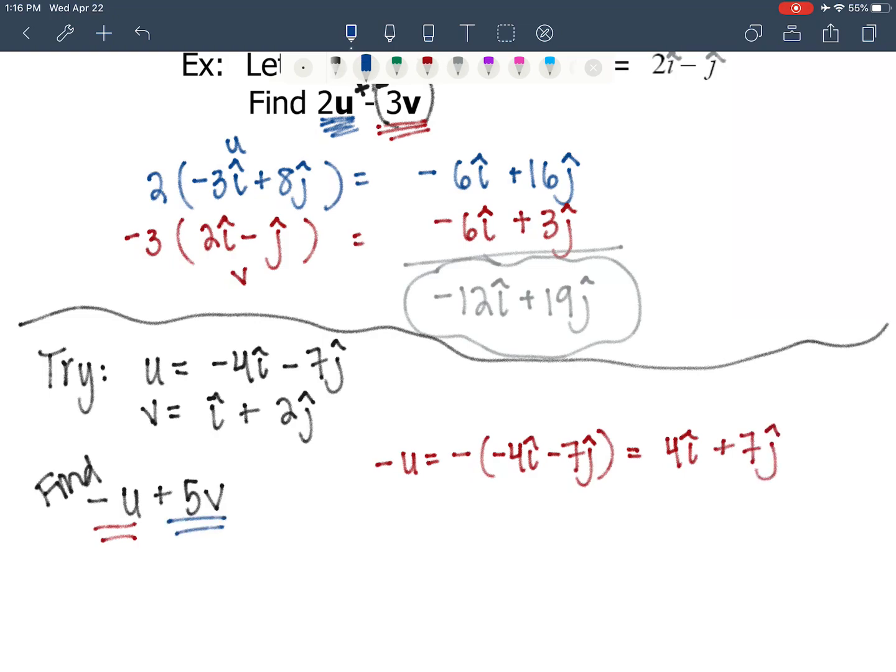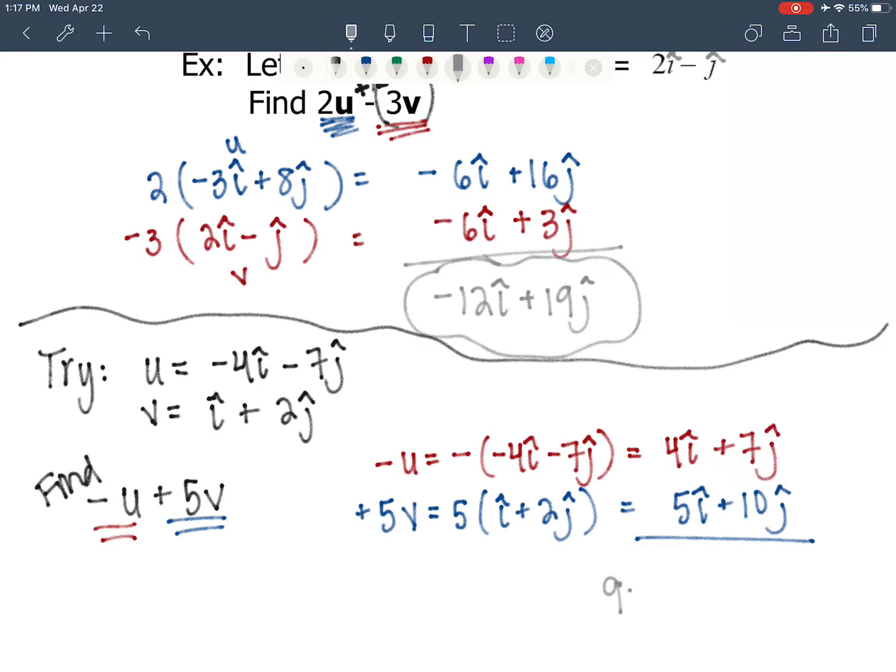And 5v is going to be 5 times I hat plus 2j hat, which is 5i hat plus 10j hat. And when I add the two together, I get the final answer of 9i hat plus 17j hat. So unless I've made a mistake, which you know me, sometimes that happens, that's our answer.